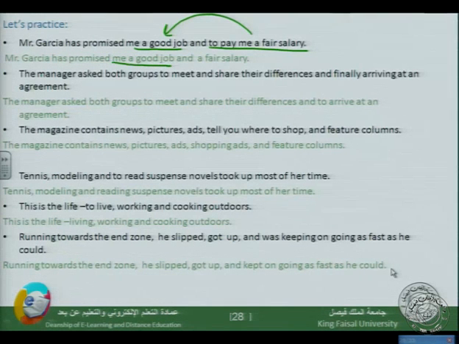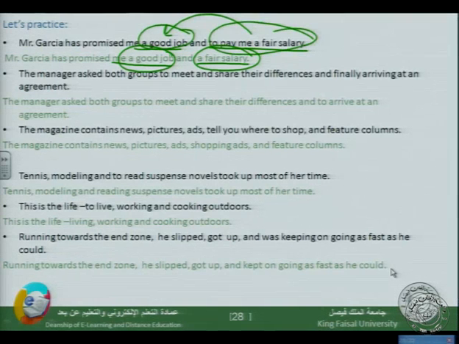So he has promised me a good job and a fair salary. Here we have a phrase and here we have a phrase, while at the beginning we had a phrase and then an infinitive verb, so it was not parallel.